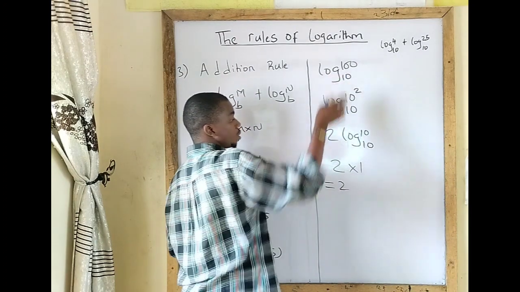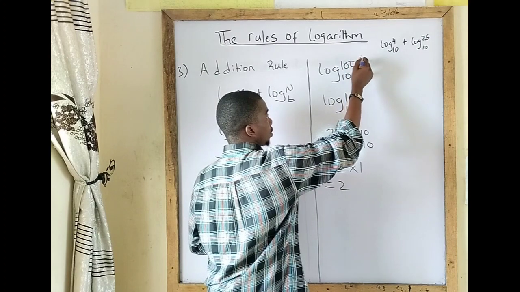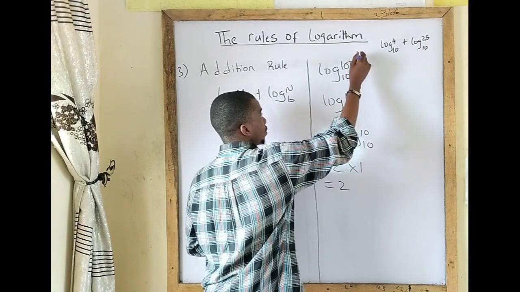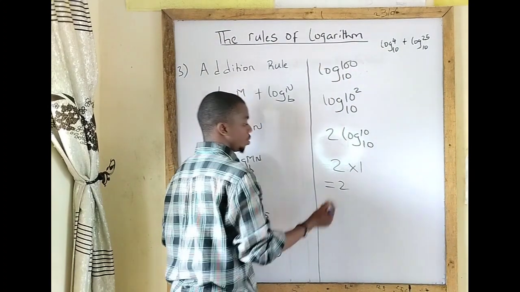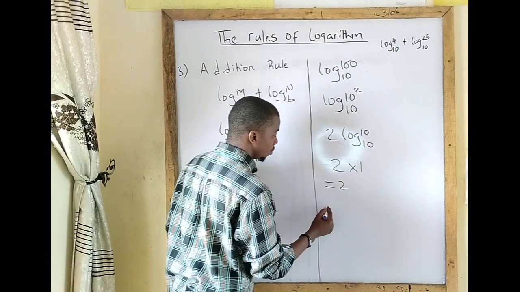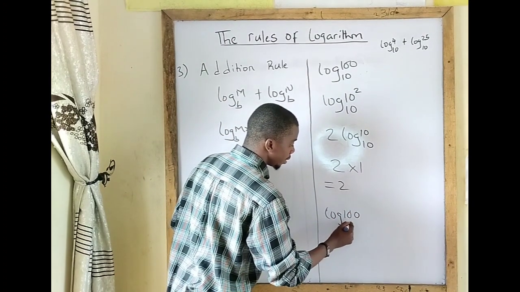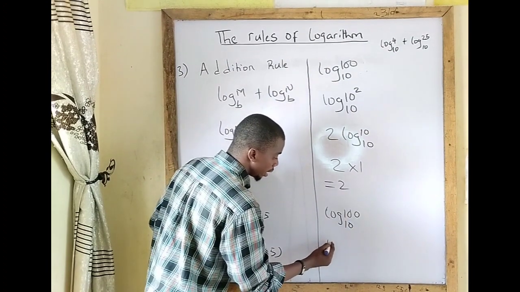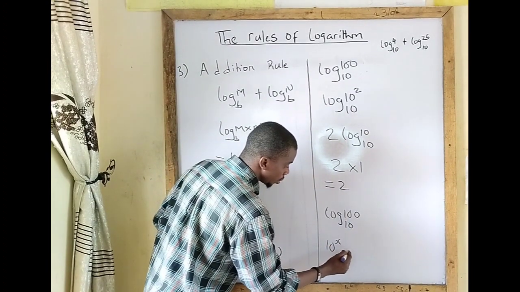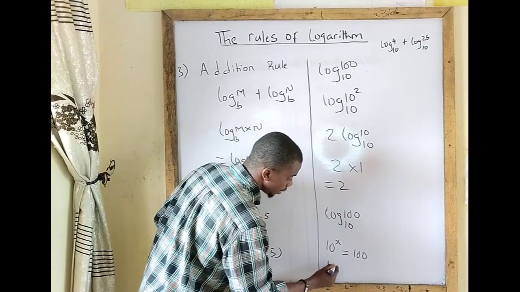If you don't want to follow this method, proceeding from this point, from log 100 base 10, you write this in its index form, from what we did in our last video.